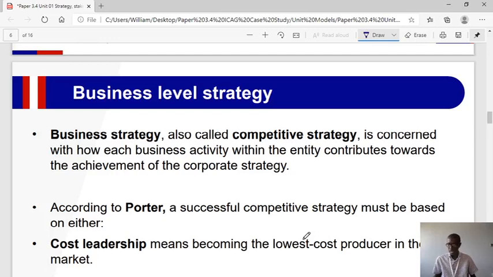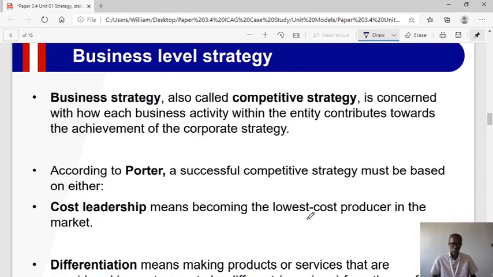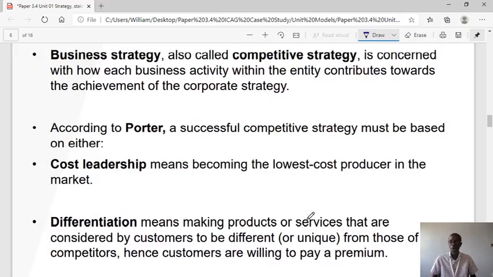Now, according to Michael Porter, a successful competitive strategy or business strategy must be based on either cost leadership or differentiation. So when we come to strategic options, we will be looking further into cost leadership and differentiation and how to achieve cost leadership as a strategy.